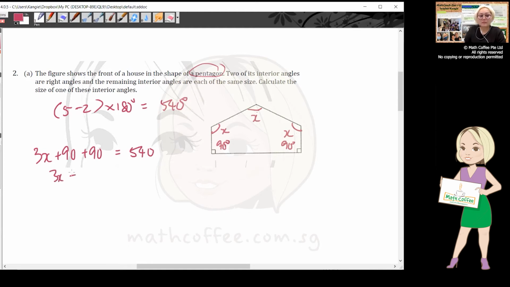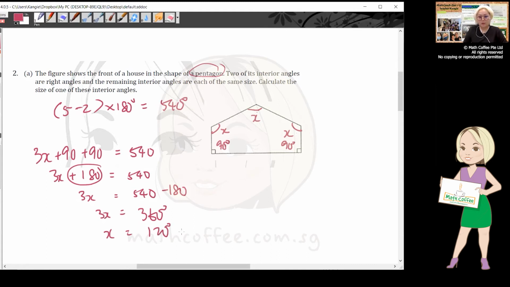So that means 3x plus 180 is 540. So 3x equals 540, this one brings over, becomes minus 180. So 3x equals 540 minus 180, you will give me 360. So x will be 360 divided by 3, so it will be 120 degrees.